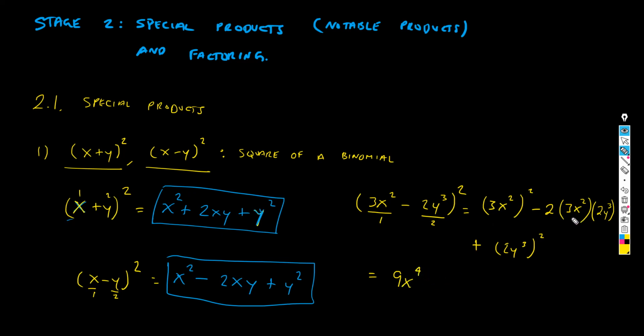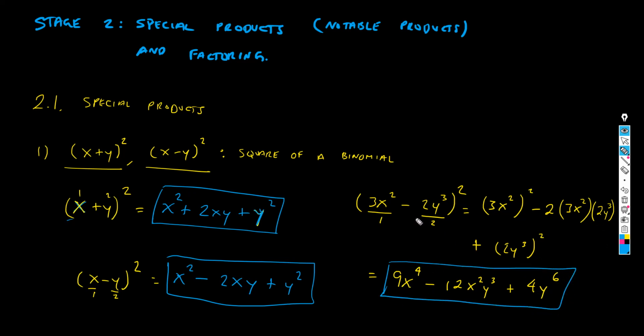And then all of this multiplication, after you perform it, should give you 12x squared y to the cube, plus all of this number to the square, which is going to give you 4y to the 6. And this is your whole answer. So this is what you get out of this binomial to the square.